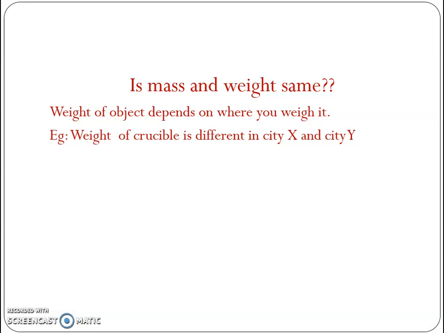For example, weight of a crucible will be different in city X and it will be different in city Y. This is because weight is dependent on gravitational acceleration, and gravitational acceleration depends on the longitude and the latitudes. So weight is mass into gravitational acceleration, that is W is equal to mg. So mass and weight are not same.